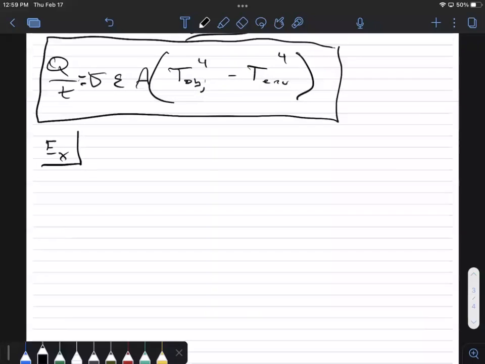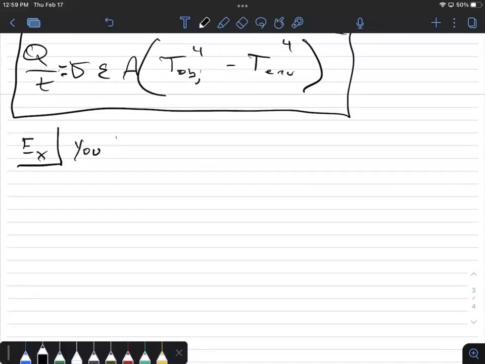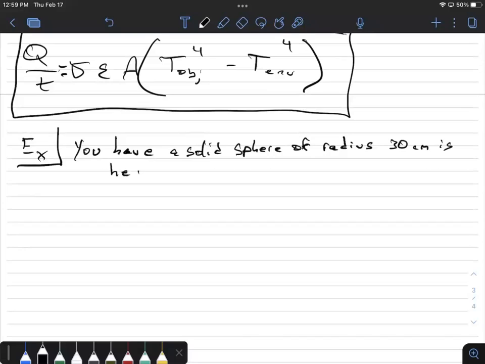Well, let's say you have a solid sphere of radius 30 centimeters, is heated to, let's say, 800 degrees Celsius. This is a very bad sentence, but don't worry about it.